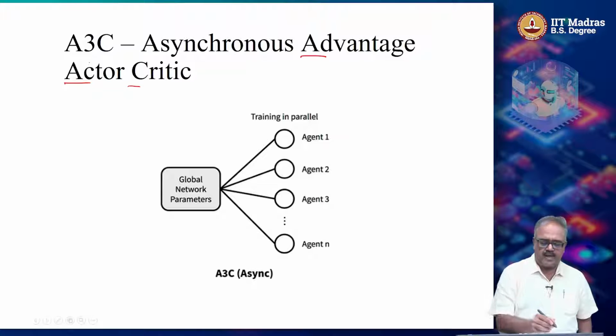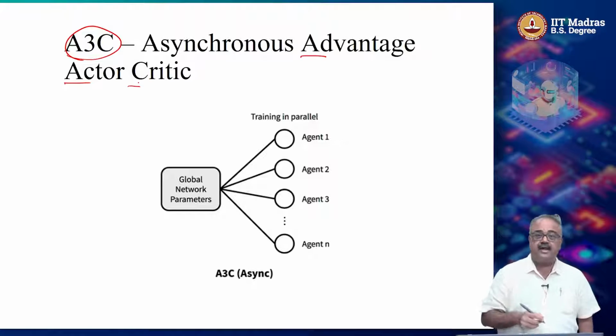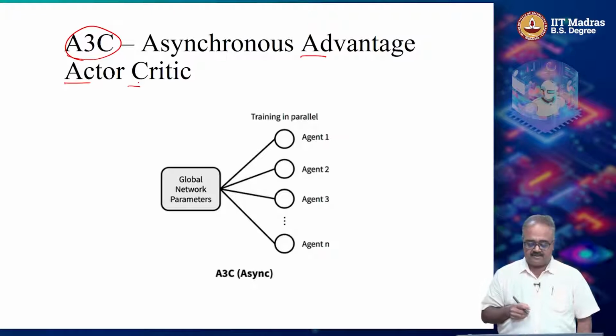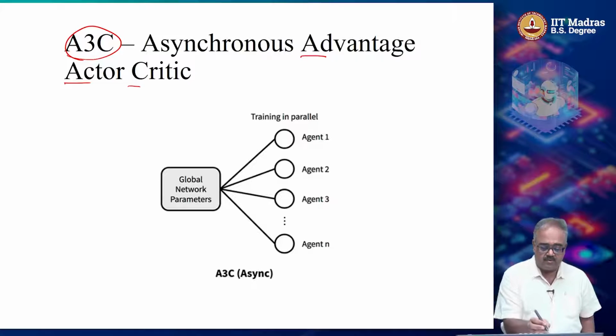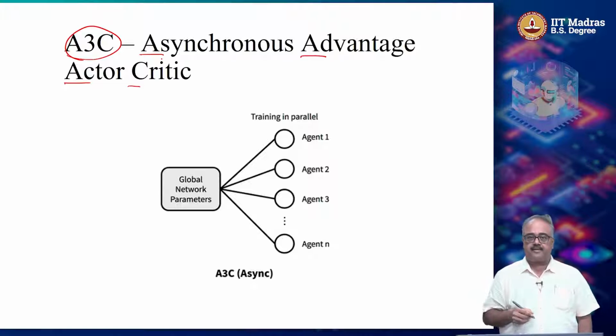We are going to put one more A in front of it. It is called A3C. The algorithm A3C is one of the most popular algorithms. In recent times, people have been using A3C quite a bit, and the other one which we will see later is the DDPG. So, this is called the asynchronous advantage actor-critic algorithm.